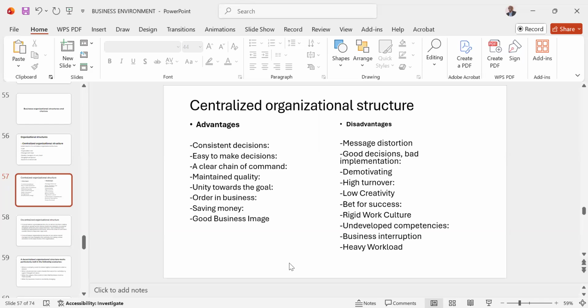Then also, it is demotivating, especially for middle managers, when decisions are made and you are not part of it. So that means that ownership is not there. The middle managers will just stay there and say, well, they will soon pass it to us and then we'll do what we need to do.